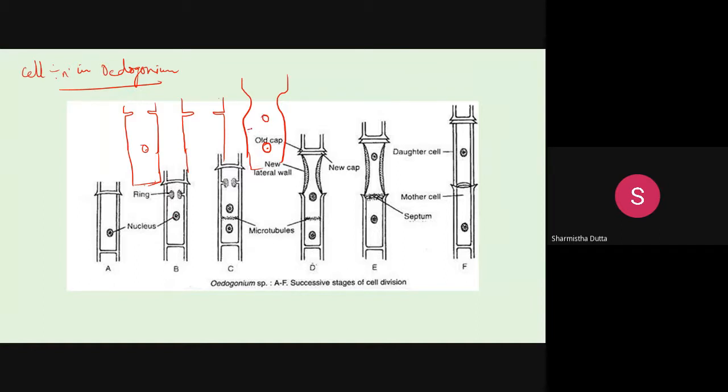And there is formation of the septa. There is development of microtubules. These microtubules are responsible for the formation of the septum or the cross wall. Did you understand? I will tell you once again.